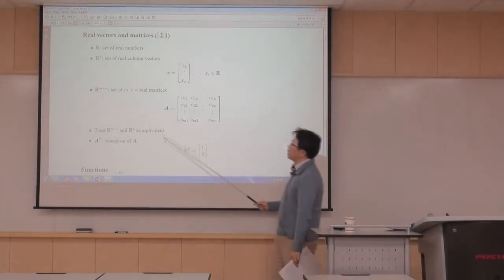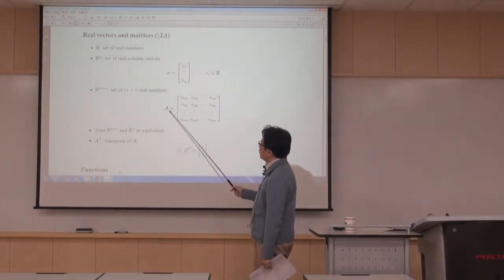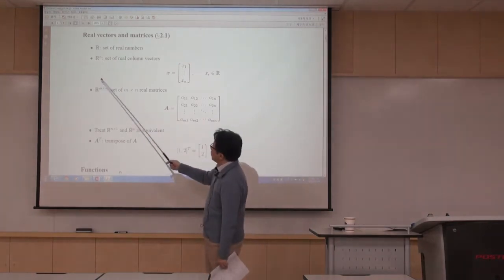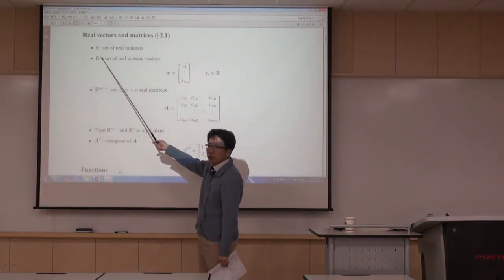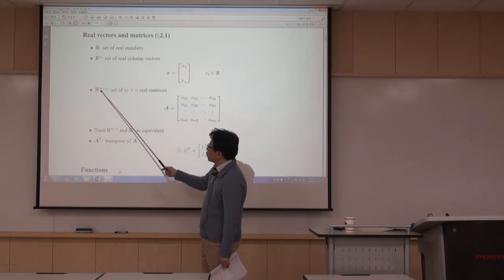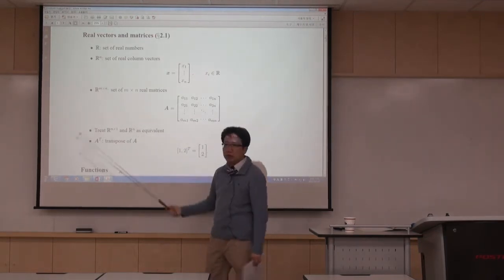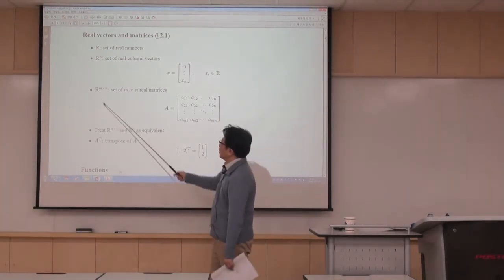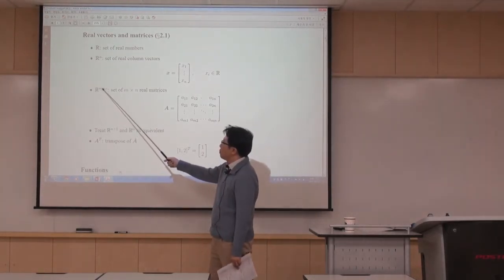So as you've seen, let's extend this notation. Here we have a superscript that has two numbers with this times sign or cross sign. We call it R to the m by n.